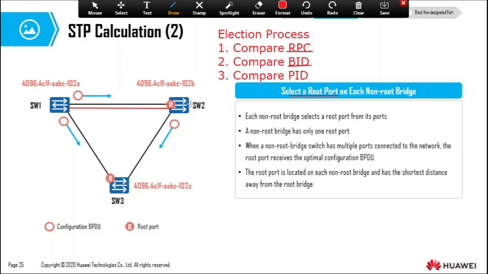But we know that the PID has a port number. Can the port numbers of these two interfaces be the same? No, right? So this can be the tiebreaker. Remember, in most protocols that deal with switches, the smallest value has a higher priority. Are we together? Whoever has a smaller value, higher priority.